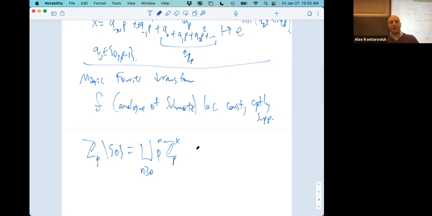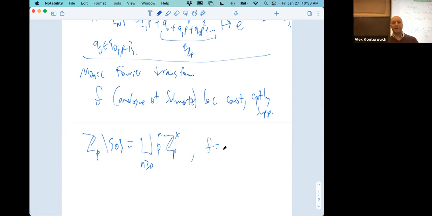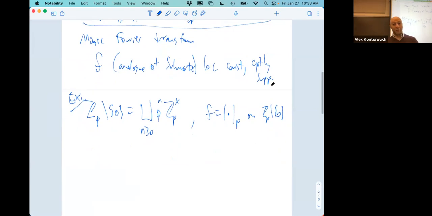Okay, so let f be the absolute value on this set Zp minus 0. So this is an example. We're working through an example of what this means, compact support. Do I literally mean the support is compact? The support is contained in Zp.